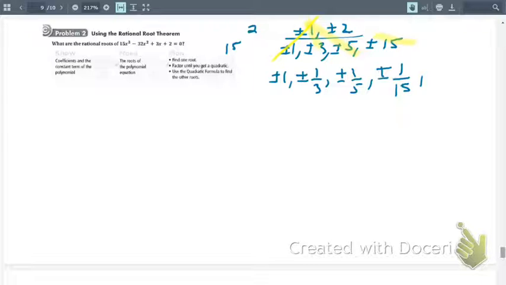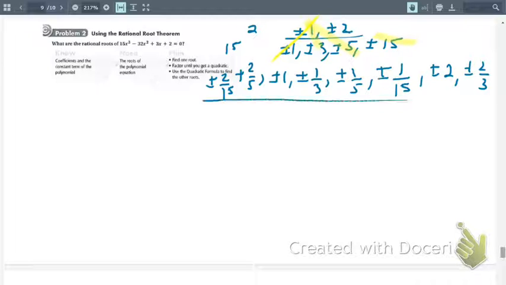And then we have 2 over 1, so plus or minus 2. 2 over 3, plus or minus 2/3. 2 over 5, plus or minus 2/5. And 2 over 15, plus or minus 2/15.